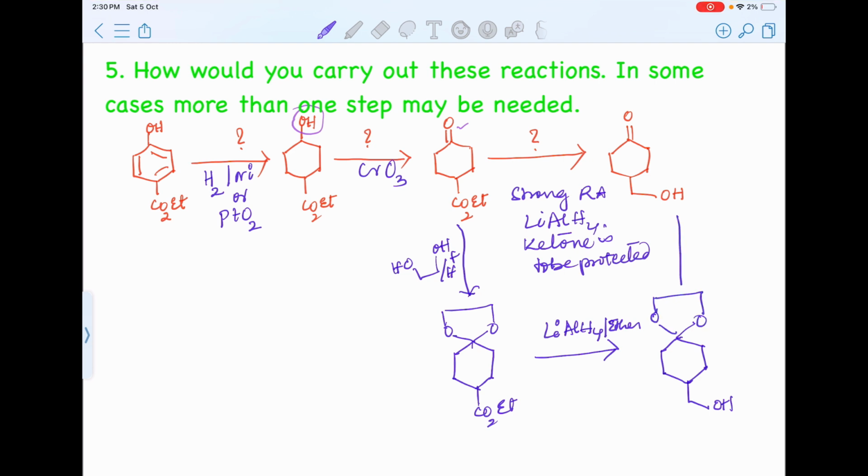And in the next step, we will hydrolyze it with an acid to give the product. So here in this reaction, since ketone will also be reduced, we have to protect it with the acetal and then reduce it with lithium aluminum hydride and then do the deprotection with acid to give the product.